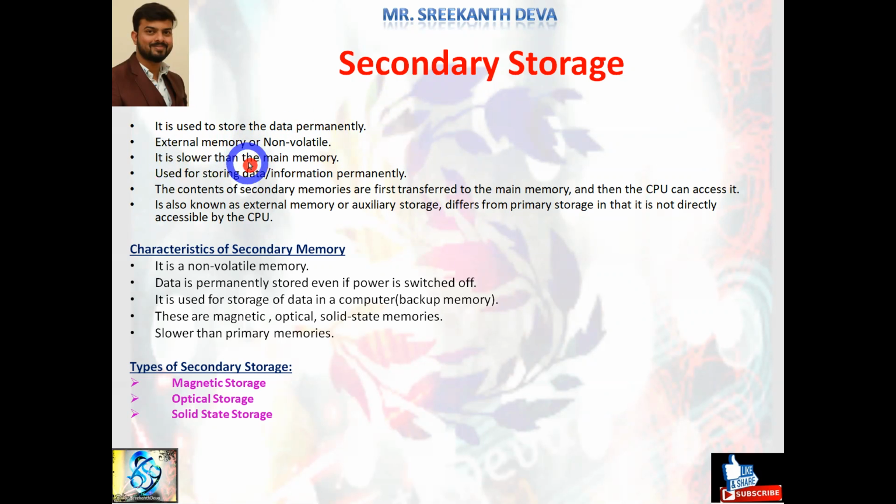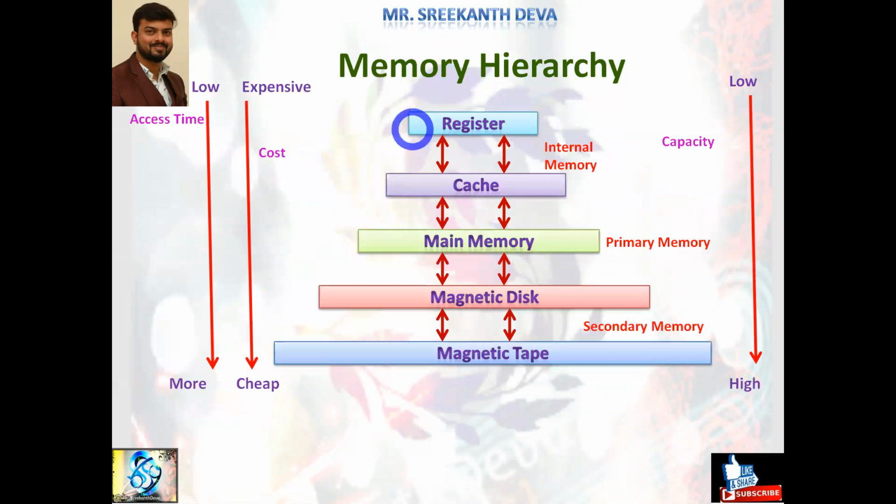See, it is slower than what? Main memory, because in the memory hierarchy I explained just now, the processor first looks at registers, after that cache memory, after that main memory, after that secondary storage devices. The processor can access registers within less time, but as the memories keep increasing, coming to the secondary storage, it has more access time and the performance is going to decrease.